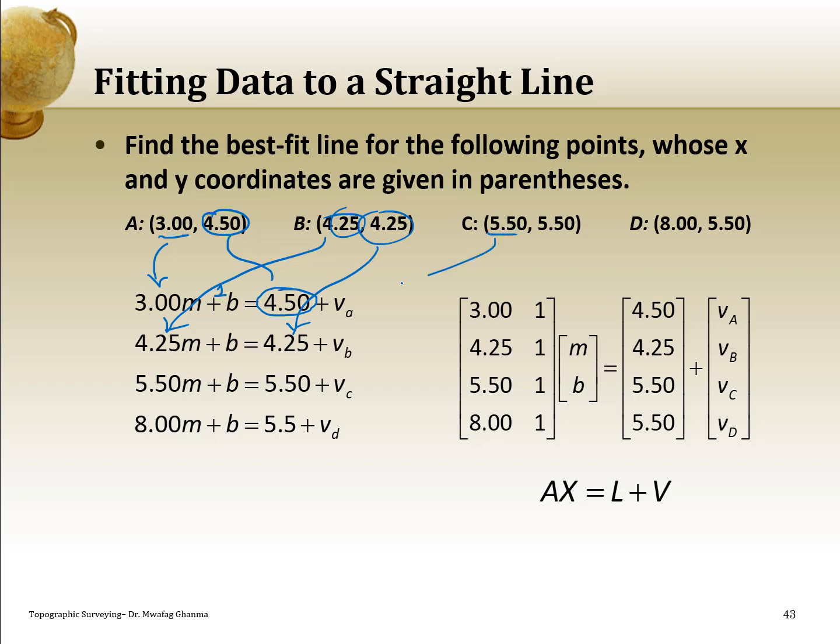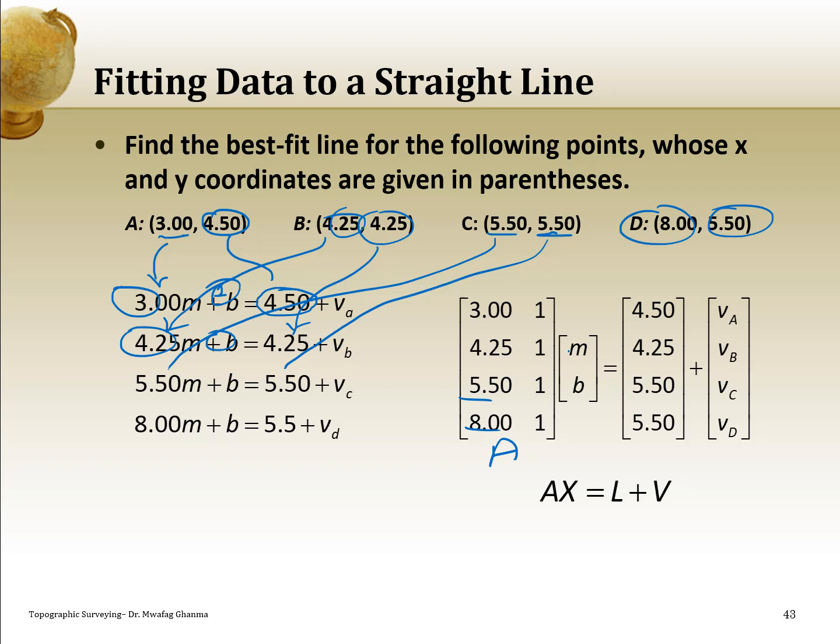And for point C, this is the x of point C, and this is the y of point C, and we have 8 and 5.5 for the fourth point. So the coefficients, this is the A matrix: 3 and 1, 4.25 and 1, 5.5 and 1, and 8 and 1.